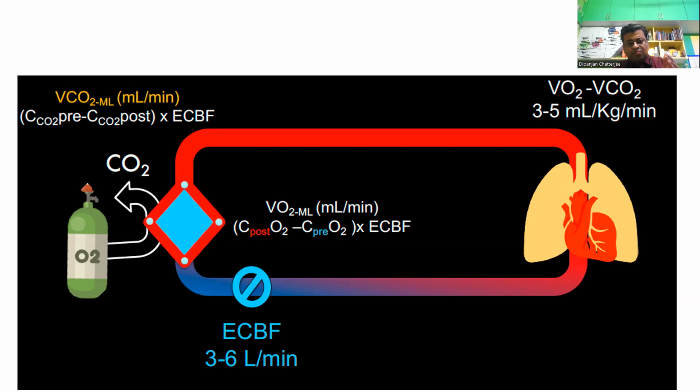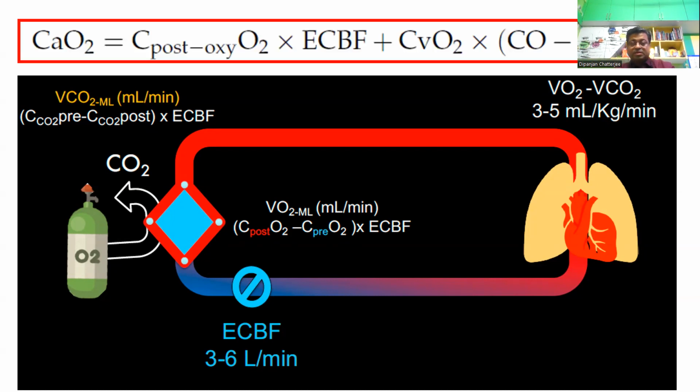And the delivery of oxygen to the tissues depends on the net oxygen content in the blood. The net oxygen content in the blood will depend on how much oxygen we are adding through the ECMO, as well as the native oxygenation power of the lungs.